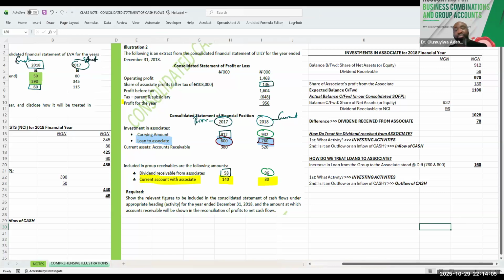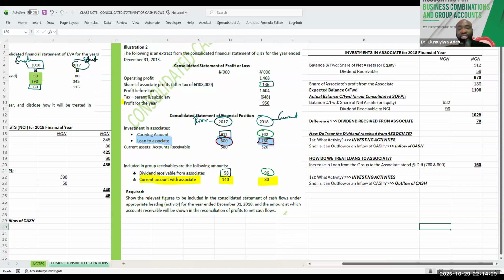It means there's a possibility of trading transaction between the associate and any member of the group, so that the associate purchases goods from the member of the group or the associate sells goods to the member of the group. Now, that constitutes payable and receivable, as the case may be.